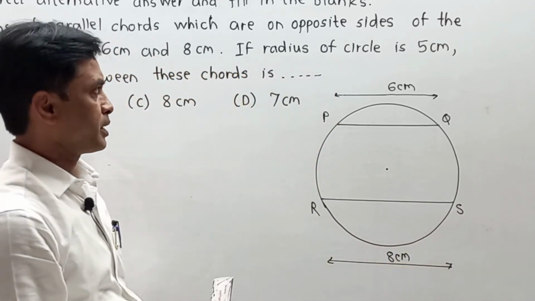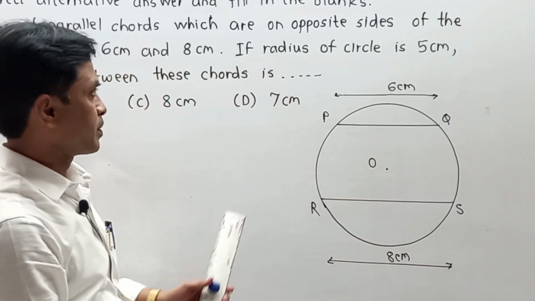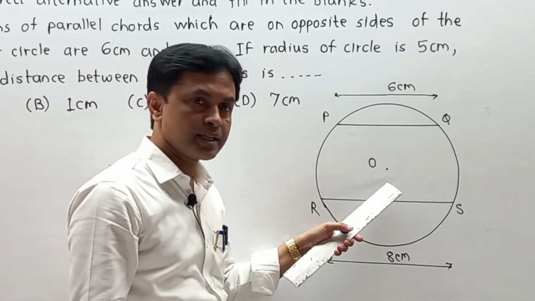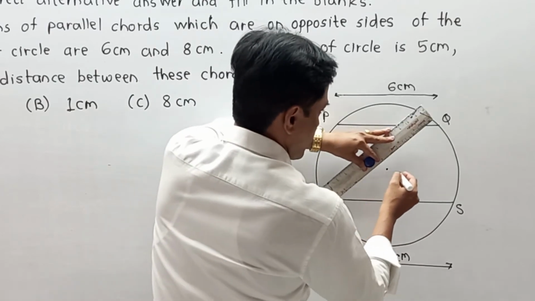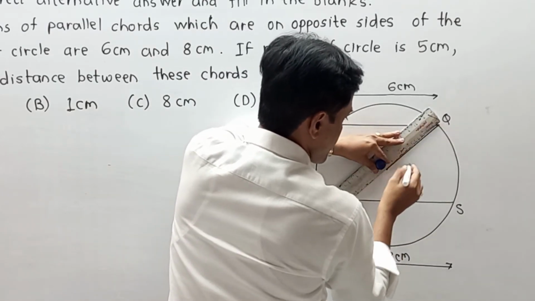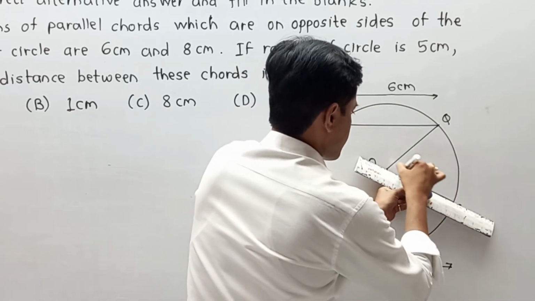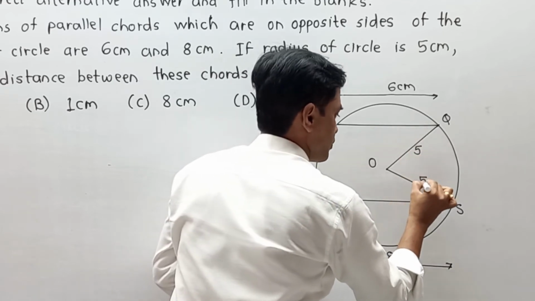Now, second part. Let us say O is the center of the circle over here. They have also given that the radius of the circle is 5 cm. Means in the given circle, radius is 5 cm. If I draw a radius OQ or radius OS, definitely both are radii of the same circle, means 5 cm.